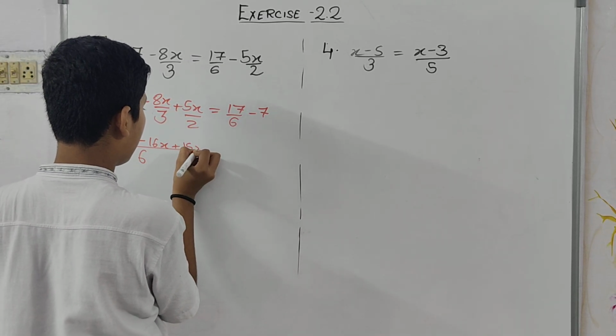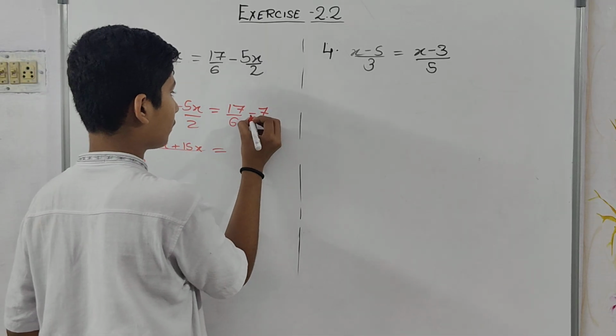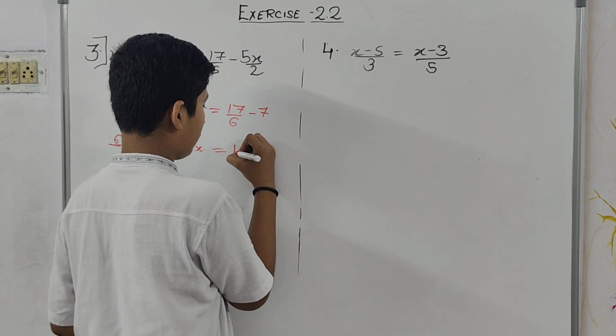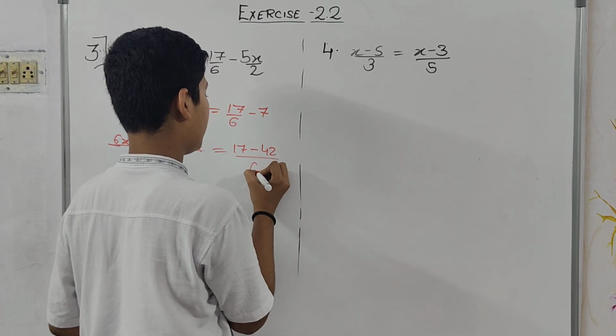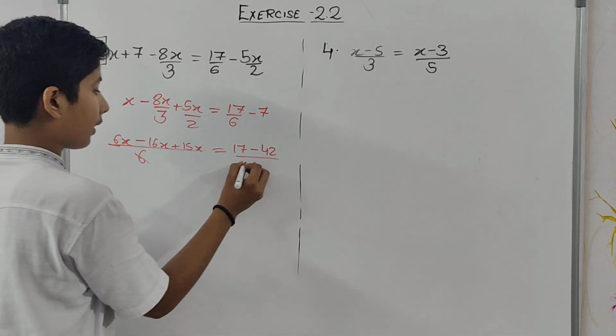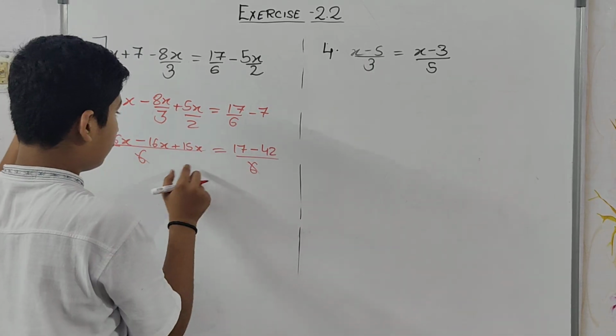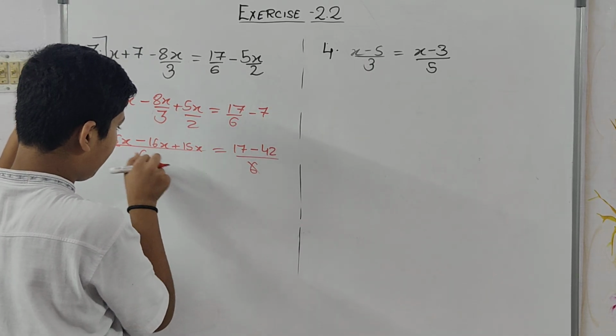plus 15x equals 17 minus 7 into 6 is 42 upon 6. Okay, so 6 cancels because it will go there in multiplication, so multiply and divide cancel.